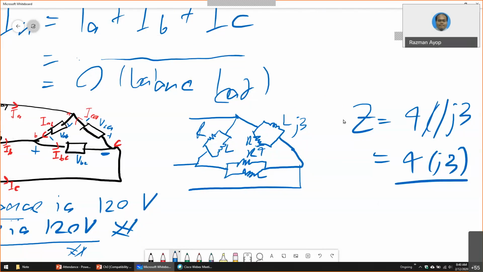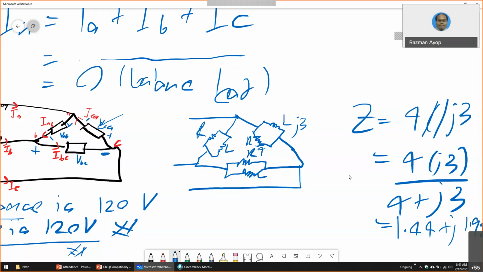If this happens, they don't show you this one, you have to calculate it yourself. You get 1.44 plus J1.92.